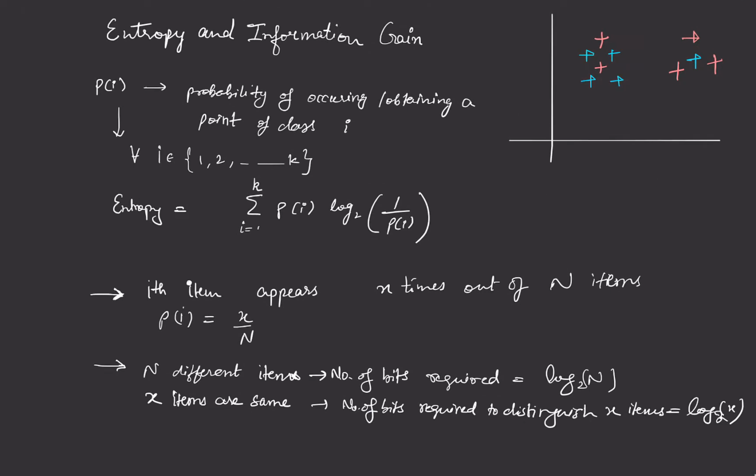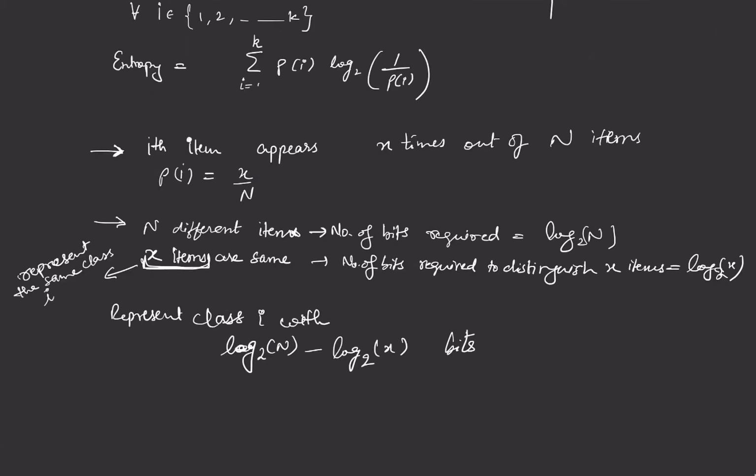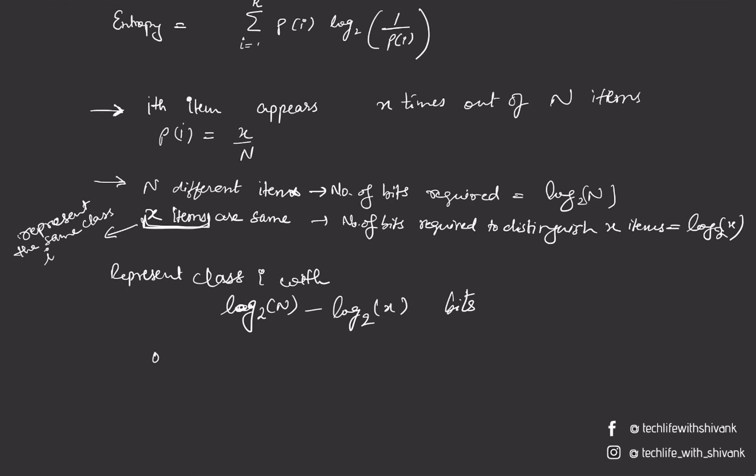Now since all of these x items represent the same class i, instead of representing class i with log n bits, we can represent class i with log n minus log x bits. So what it means is that, let's say we had log n bits of 0s and 1s using which we could recognize class i.